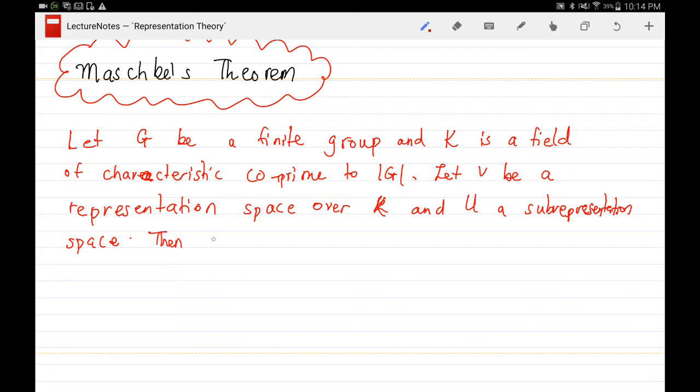Then there exists a W such that V is isomorphic to U direct sum W.